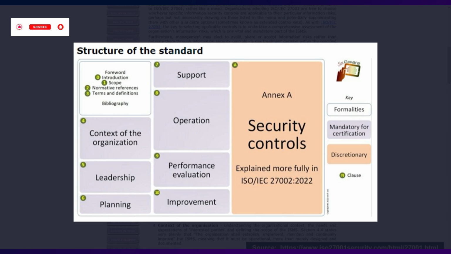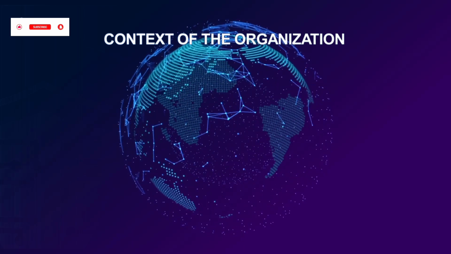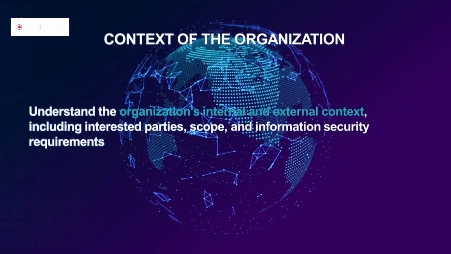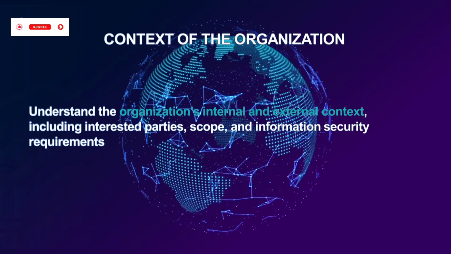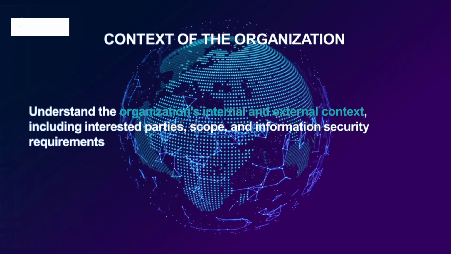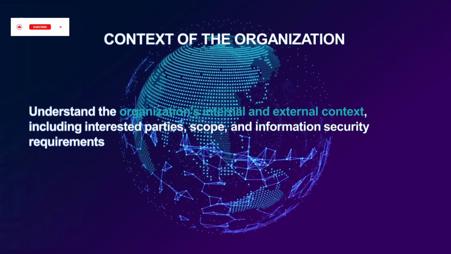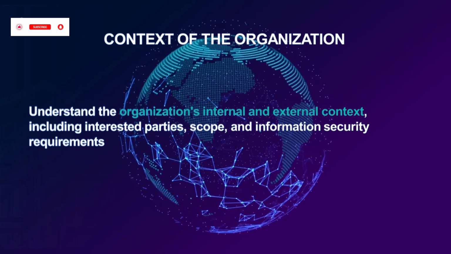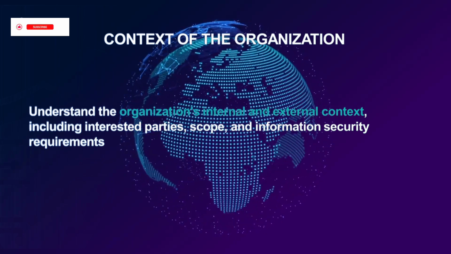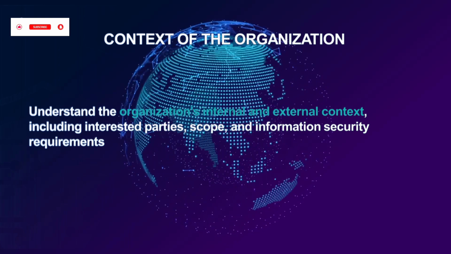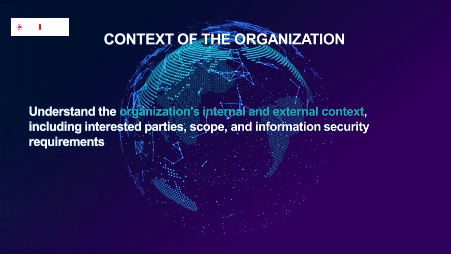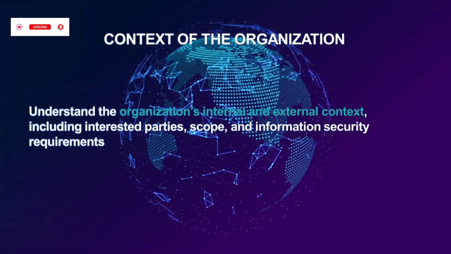What we really get into the meat of this thing is in clause 4, which is the context of the organization. So let's start here. Okay, what does this mean? The context of the organization. So basically what this comes down to is understanding the internal and external context, including the parties, stakeholders, scope, objectives and everything that you need to know for information security requirements. That's the context, because every organization is different.